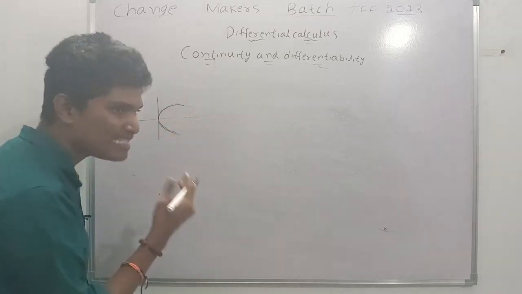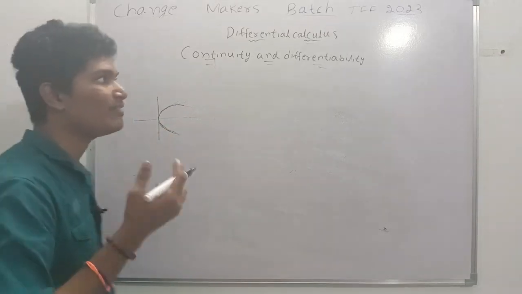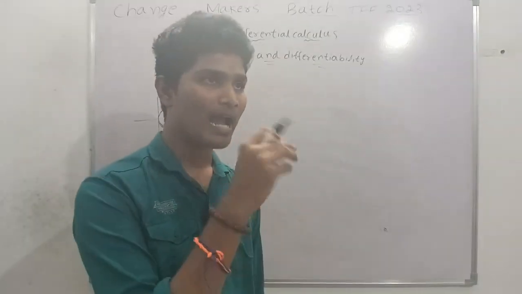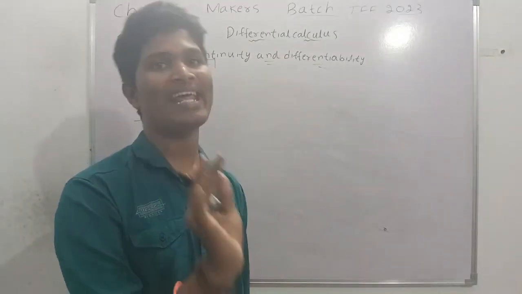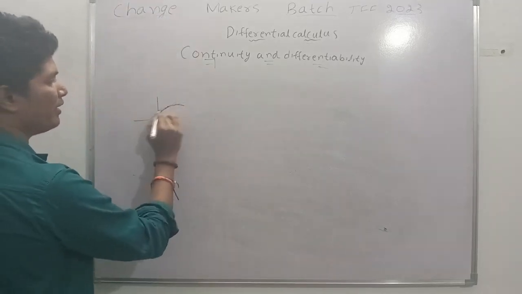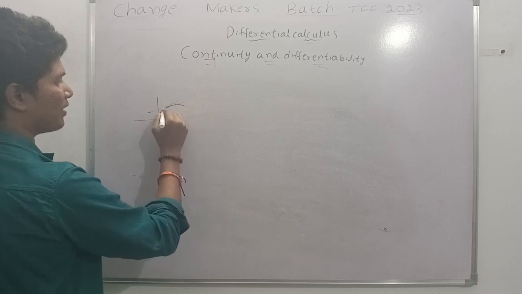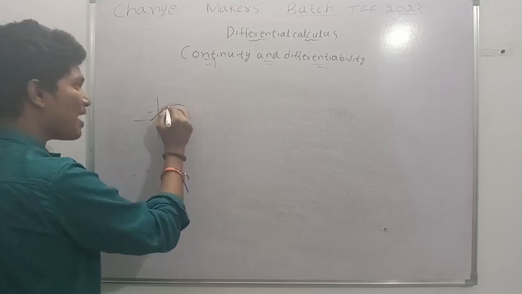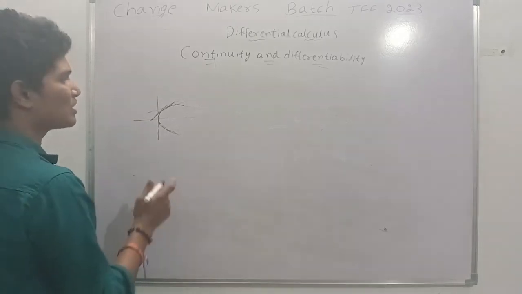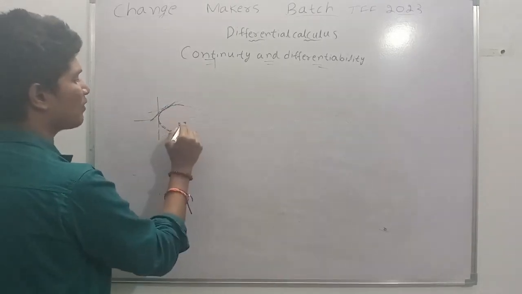The minimum basic requirement to check whether the function is differentiable or not is that at any point it should have a unique tangent. It is the main condition. Suppose we take this point, it has a unique tangent, and the next point has a unique tangent, but at the same point there are no two tangents, only one single tangent. So this curve is said to be a differentiable curve.